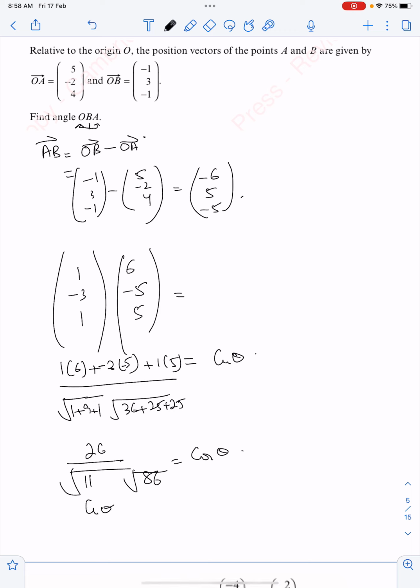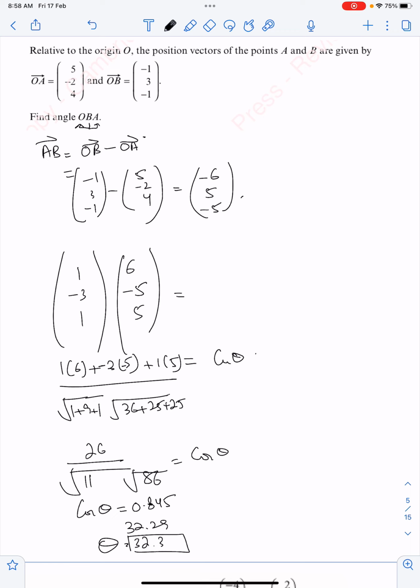Okay, it's coming out to be cos of theta equals 0.845. So theta is going to be cos inverse of the answer, which is 32.29, 32.3. This is the value of theta.